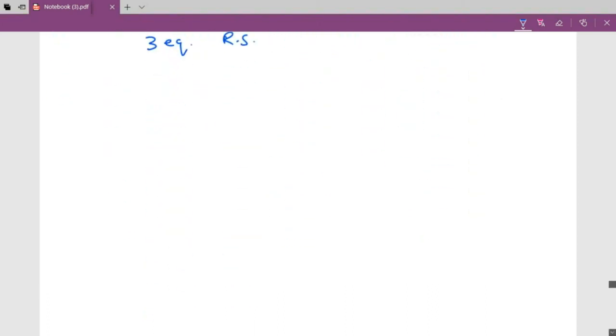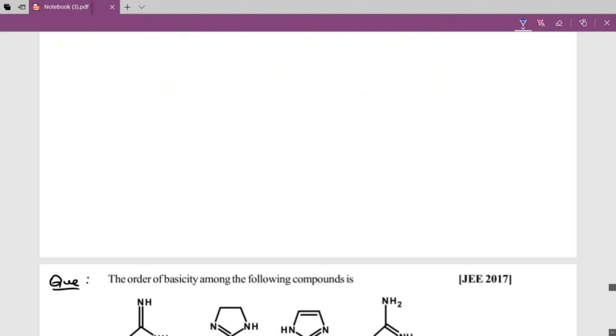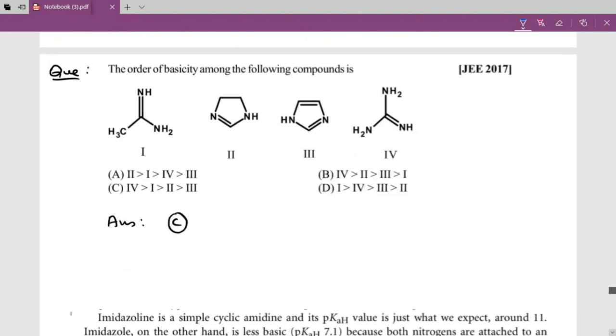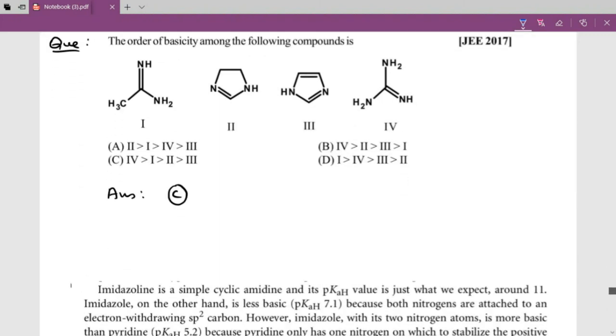On this guanidine amidine thing, in 2017, this question appeared. Among these, certainly 4 is going to be the strongest of all, as I have just told you. Then it is amidine. So 4 and then it should be 2.